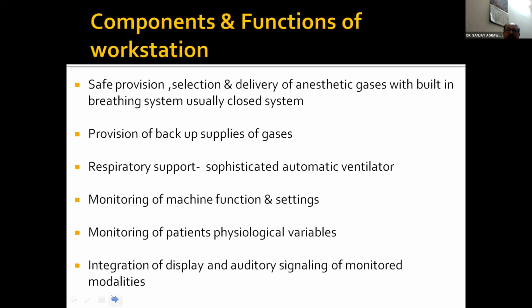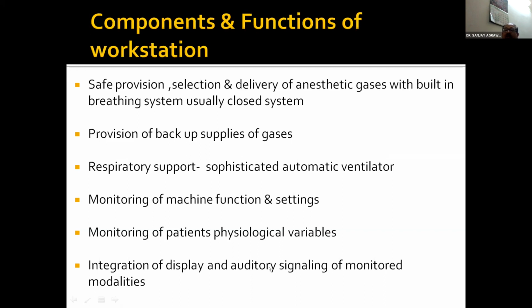So the components are safe provision and selection of delivery of anesthetic gases with a built-in breathing system, usually the closed system. Provision of backup supply of gases. It provides respiratory support by a sophisticated automatic ventilator that can even be used as an ICU ventilator. Monitoring of machine functions and settings. Monitoring of patient's physiological variables.